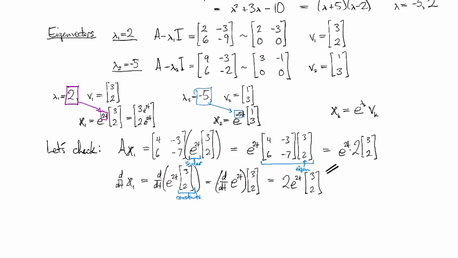And so just in case this part here made you slightly queasy, let's do the long way. So remember, we can also write that vector as 3e to the 2t, 2e to the 2t, like we had back in the beginning. And the way you differentiate a matrix is you just differentiate every entry. And so it looks like this.